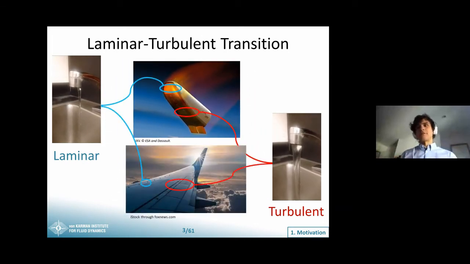Close to the tip, the flow is laminar, and after covering a certain distance over it, it eventually becomes turbulent. So what we're interested in is being able to predict where this transition from laminar to turbulent occurs, because having either one or the other regime is going to strongly affect the heat flux in the hypersonic case, or, as we said, the aerodynamic drag in the conventional aircraft case.